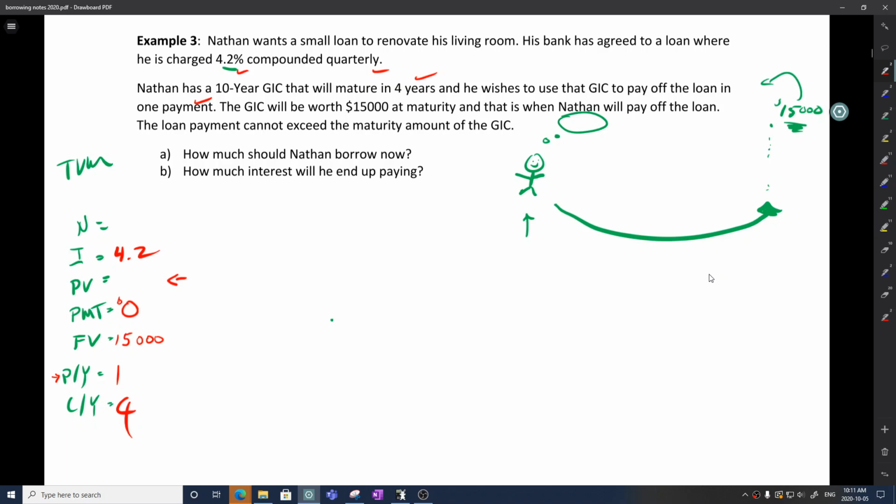So now it says 4 years and payments per year is 1, so n is equal to 4. When I take out my calculator, I should get a present value of $12,691.42.